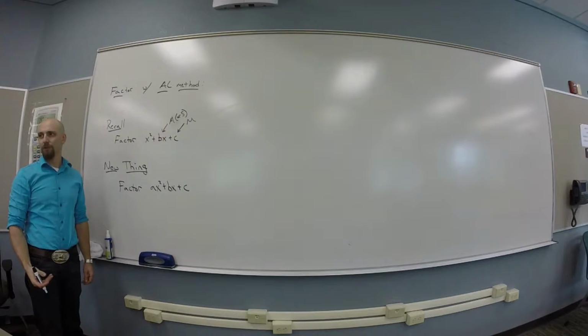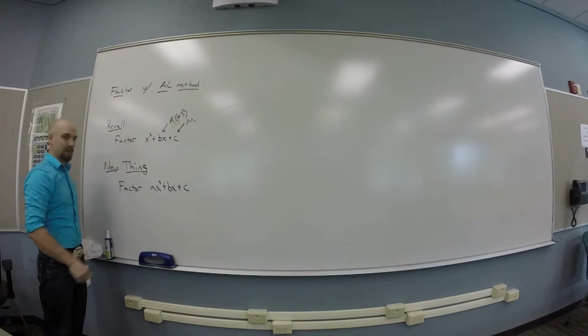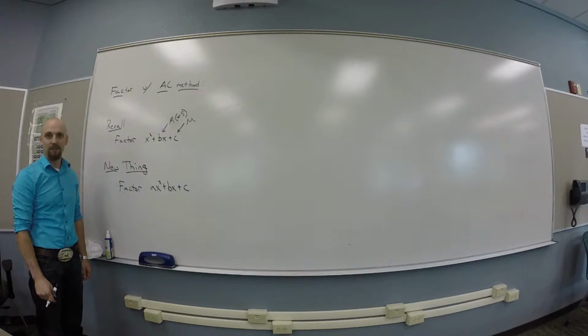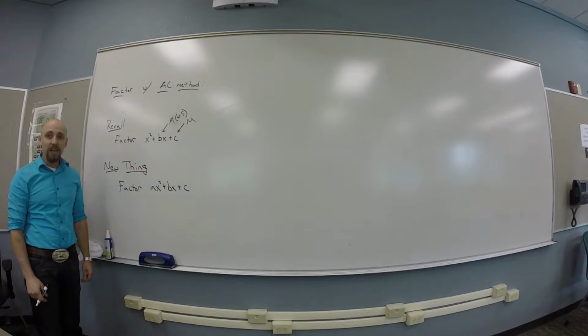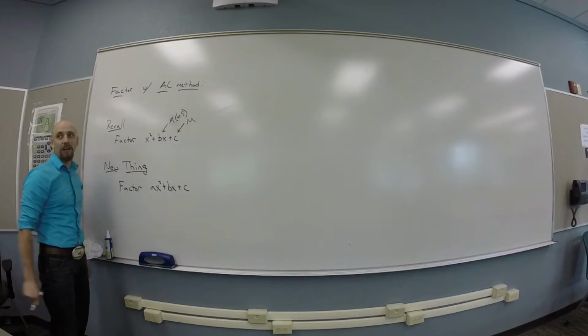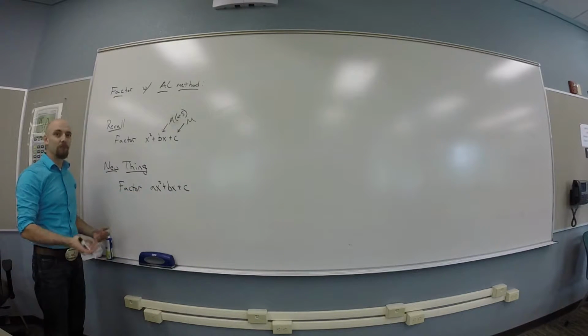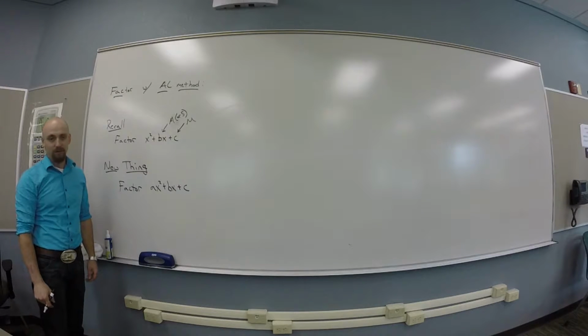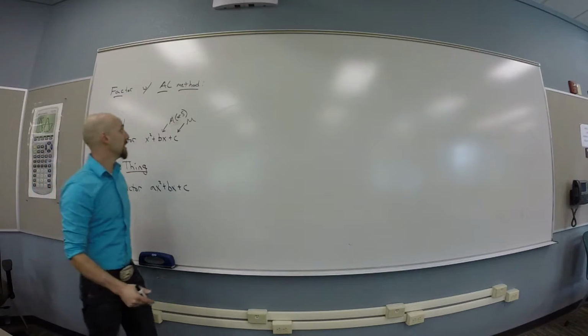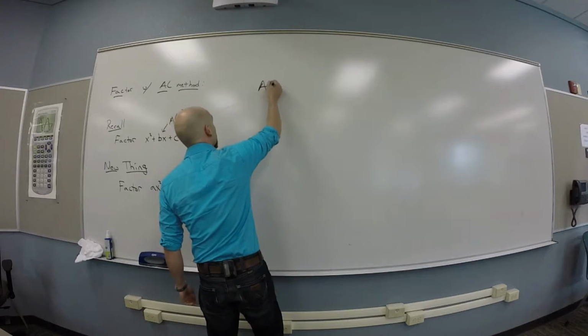You guys see the difference between the thing we did the other day and the thing we're going to try to do today? The a. It's really just that there's this a now, and we can't just add or subtract to b and multiply to c. We have to account for the a somehow. Cool?